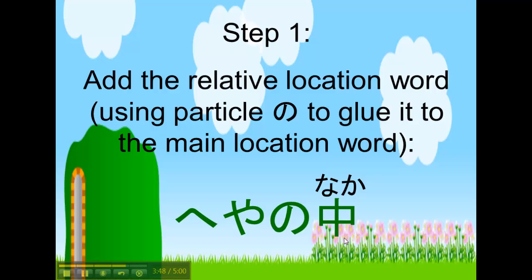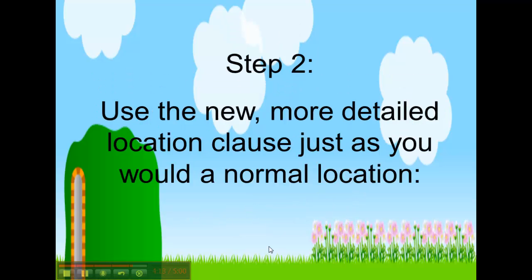We should remember that when we link two nouns, and that's what we have here, naka is a noun and heya is a noun, with the connecting particle no, then we translate it always starting from the second noun, the one at the end, and then we work backwards, translating no into English as of. So we get naka, the middle or inside of the room, the inside of the room, heya no naka.